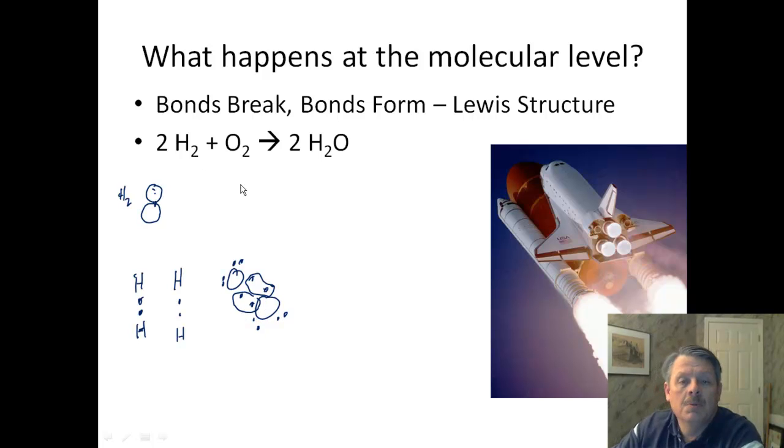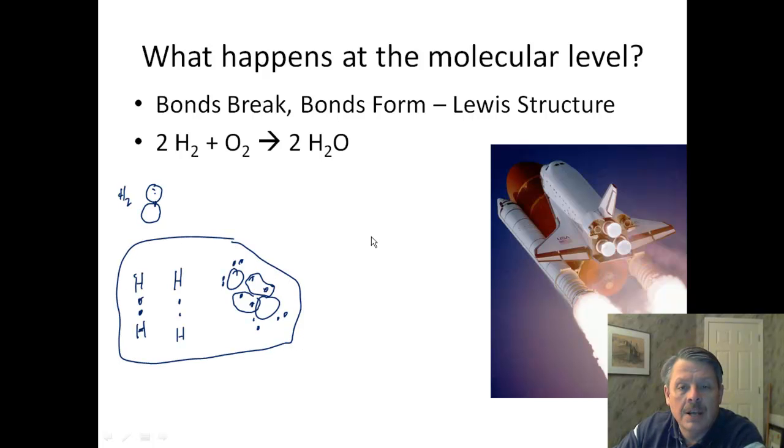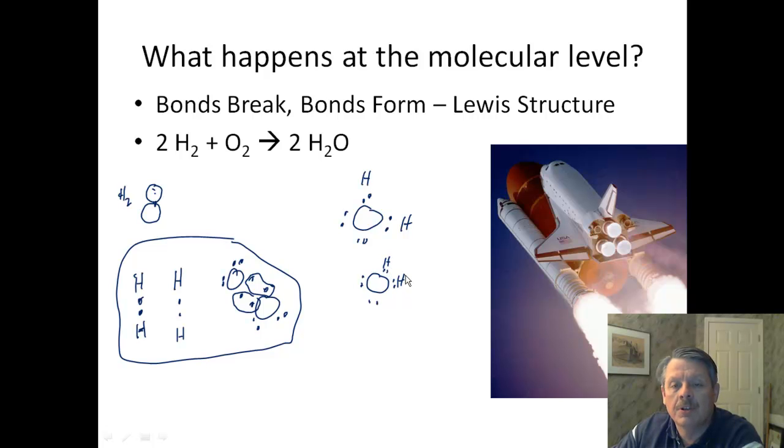So to be able to go from this to H2O, what's H2O? Well, O still has 6 valence electrons. But what happens is hydrogen comes over and shares 1, and hydrogen comes over and shares 1. And we're going to do that same thing with another oxygen and 2 hydrogens, where the hydrogens are sharing those 2 electrons.